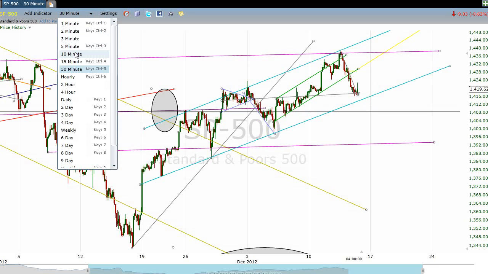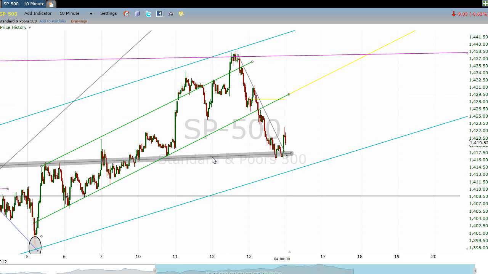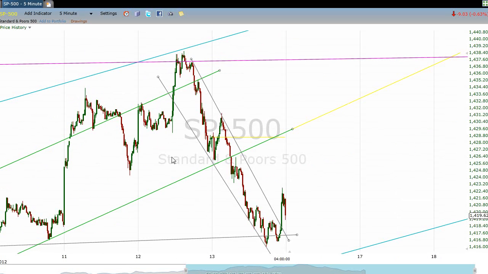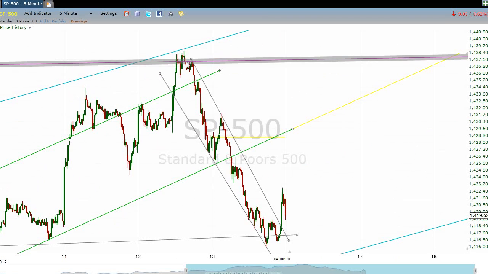But yesterday I mentioned, and I haven't moved this line, that we may get some support at this level right here around 1418, 1417, and it looks like that may be taking place. We would need another day of confirmation tomorrow. You can see that late in the day, if you look at this on a 5-minute chart, we've had a downward trend that started about midday yesterday.